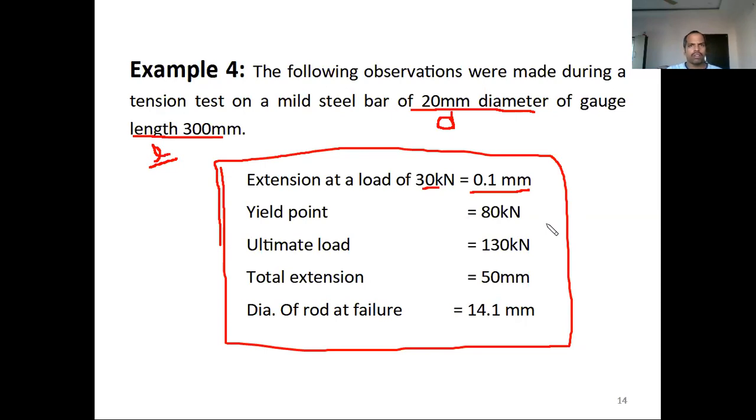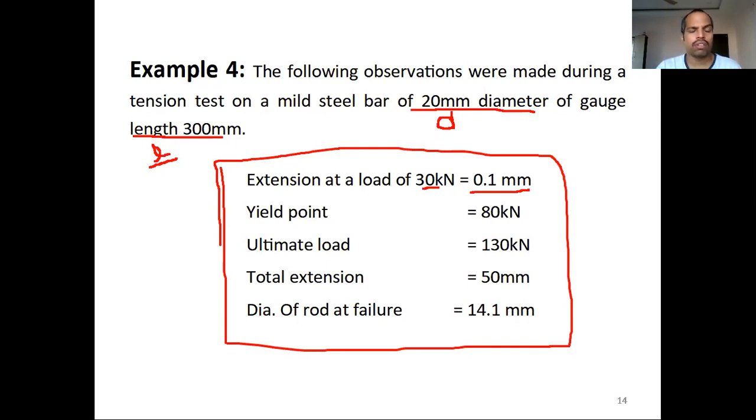Even though we don't need them, they give them to confuse you and lead you in a wrong way. That's why you have to be very careful. Whichever is required, we have to take. Don't think about additional information.